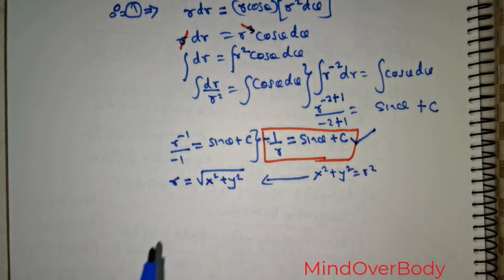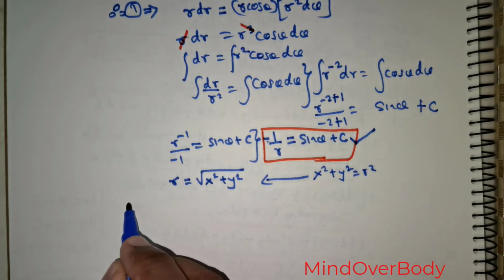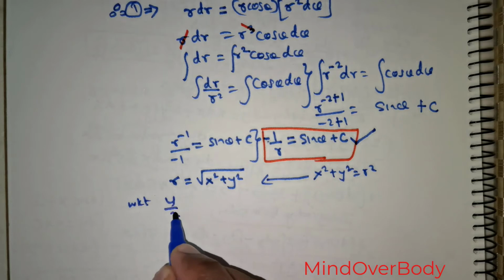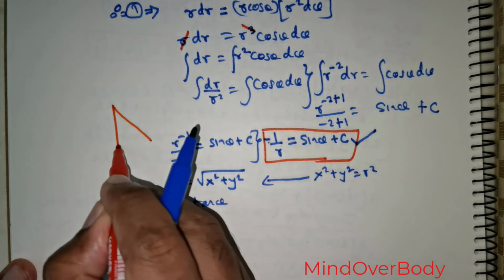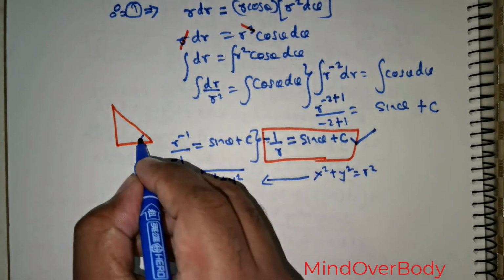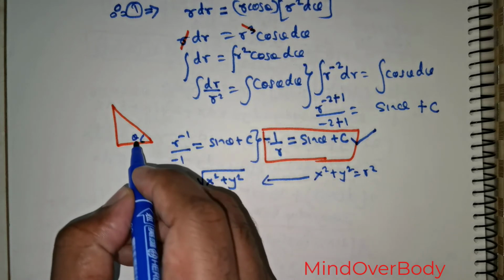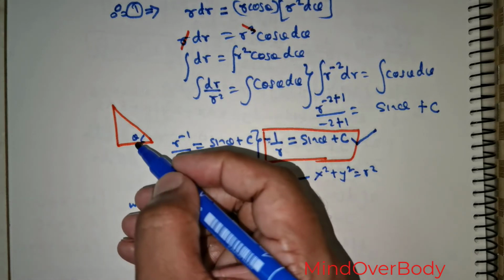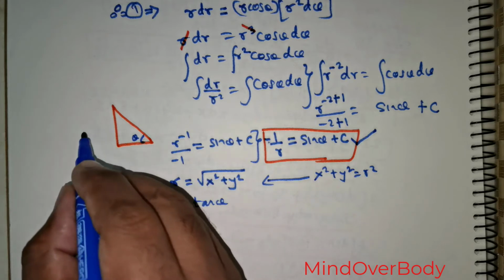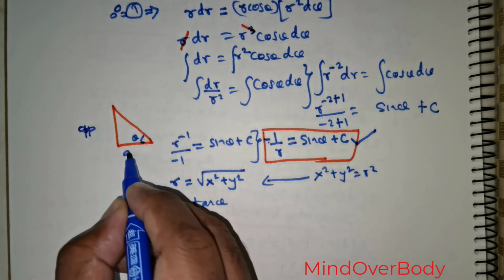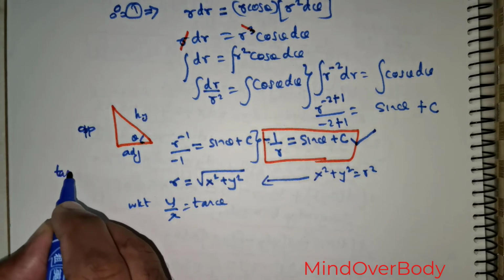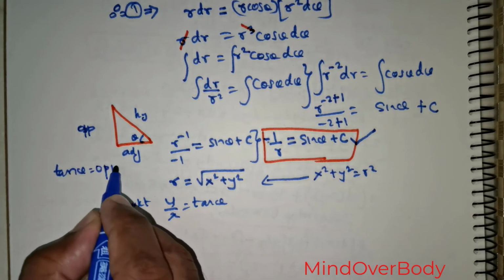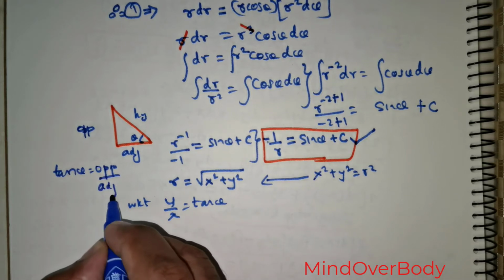Now coming to sin theta, we need to know that y over x is equal to tan theta. So if you were to draw the right triangle, and if this is theta, this is the opposite side, this is the adjacent side, this is the hypotenuse, and tan theta is opposite side divided by adjacent side.